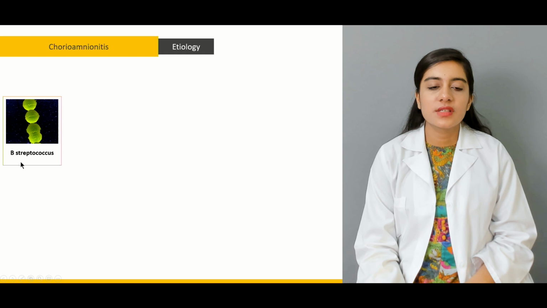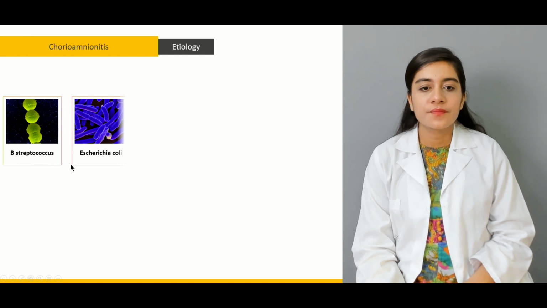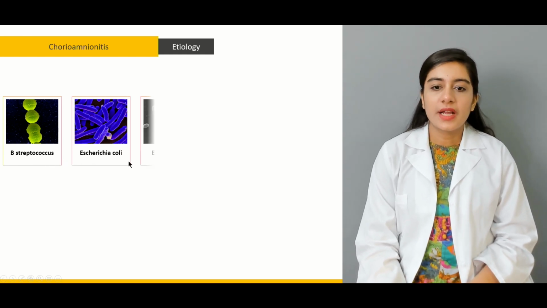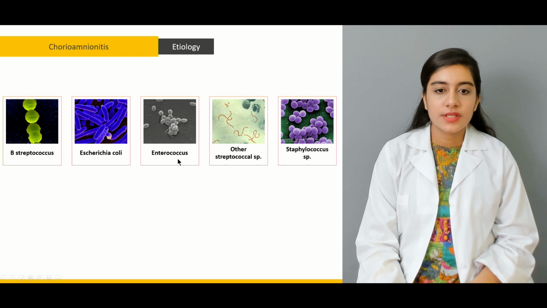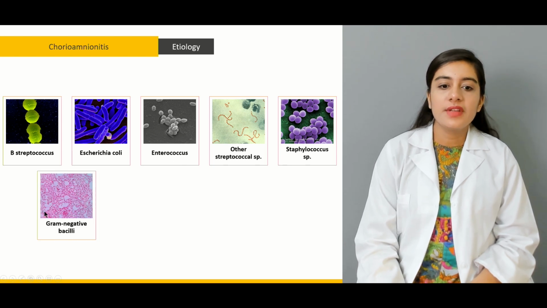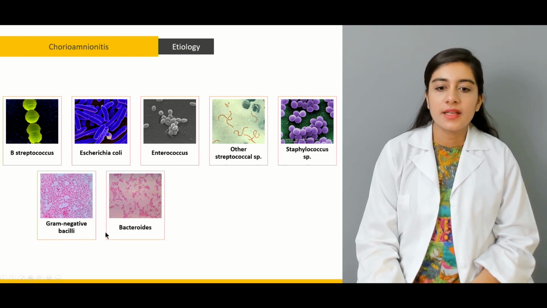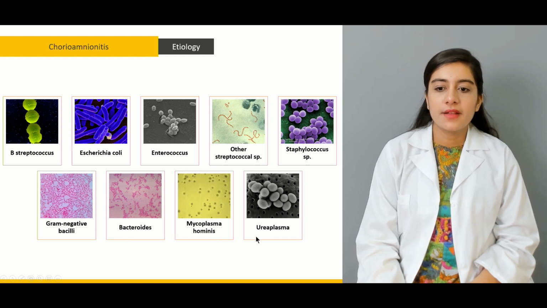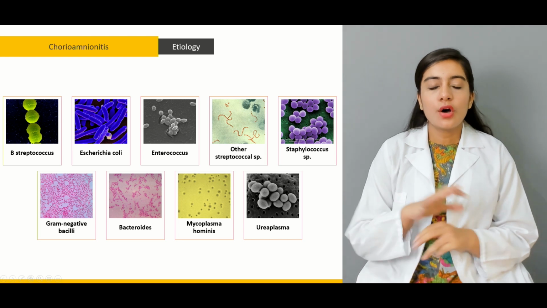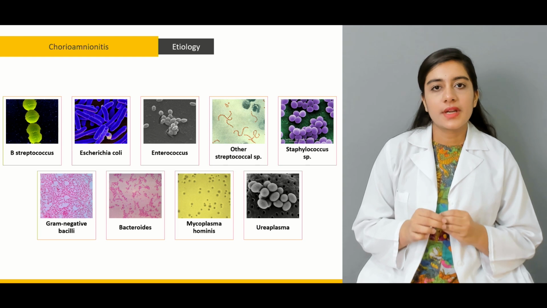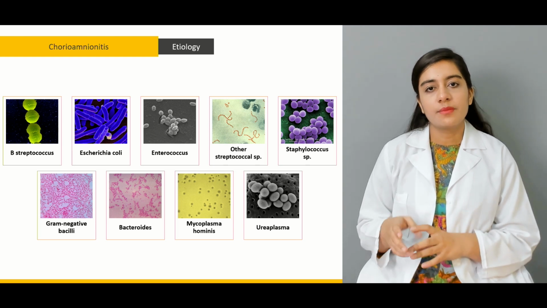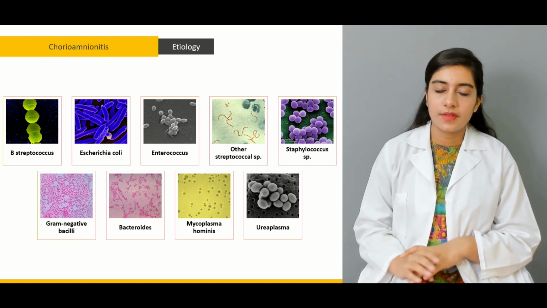The first organism is group B streptococcus, Escherichia coli, Enterococcus, other staphylococcal species, and Staphylococcus. All of them are bacteria. Then we have gram-negative bacilli, Bacteroides, Mycoplasma hominis, and finally Ureaplasma. If any one of these organisms affects the mother, it will affect the placenta and then the fetus as a result.